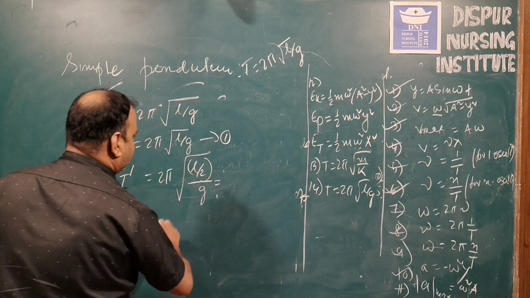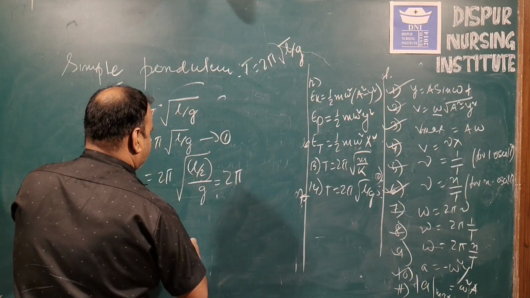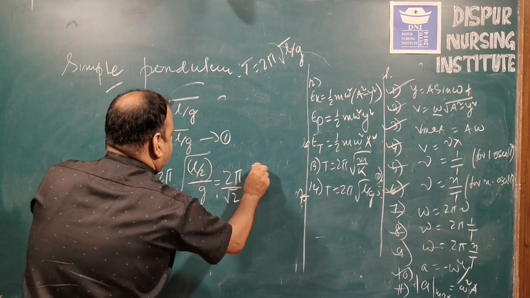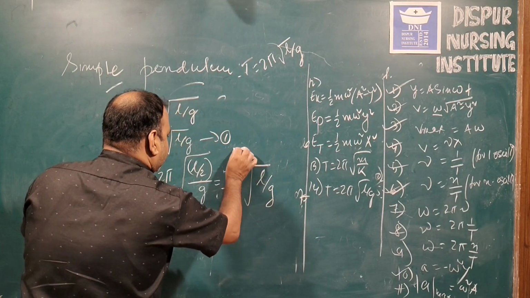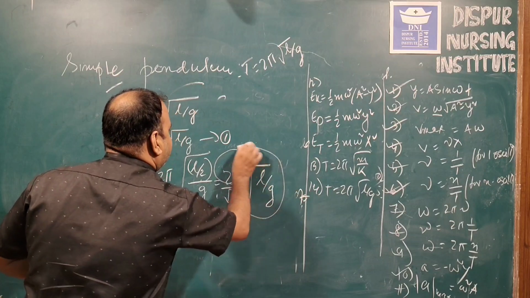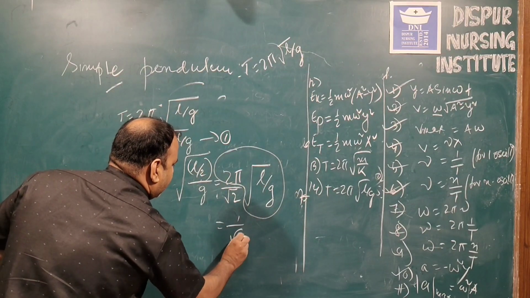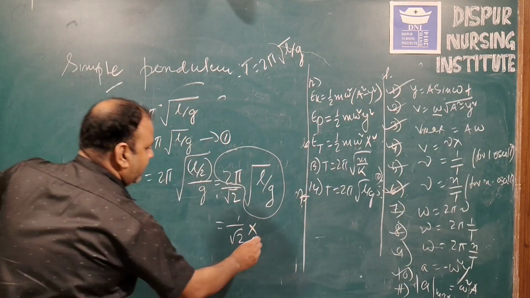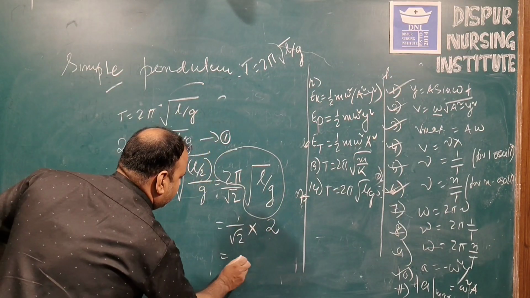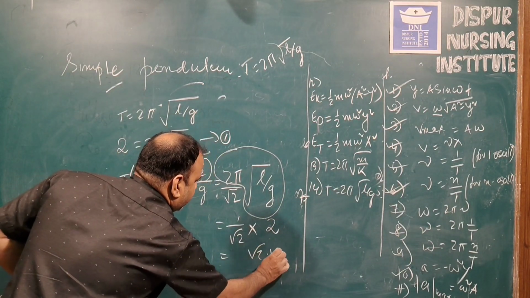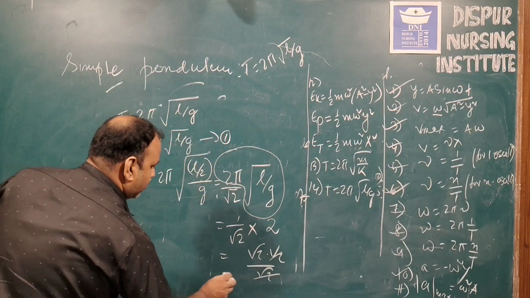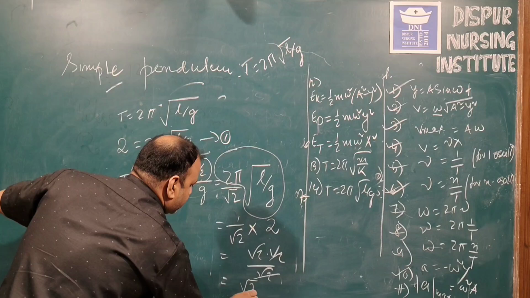In this case, you can see 2π under root L by 2g. So we can write 1 by root 2 into T, and T is given as 2 seconds from equation number 1. So the new time period will be root 2.